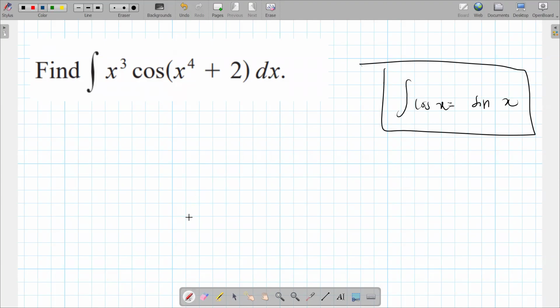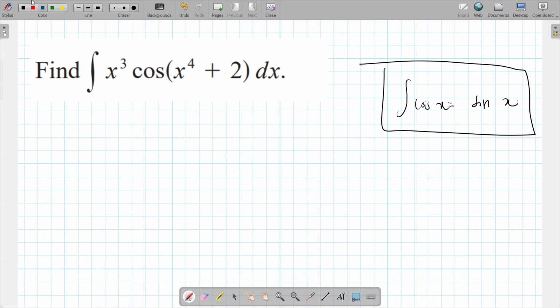So is this a u substitution question or no? So this is a u substitution question.